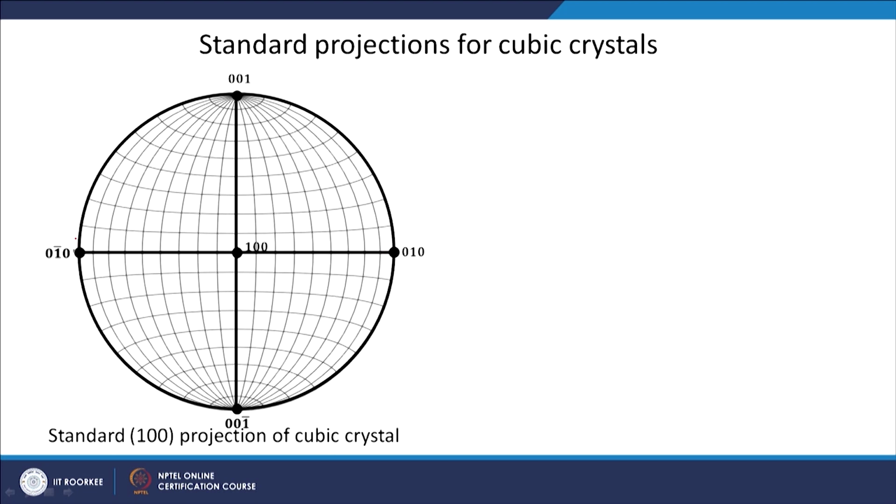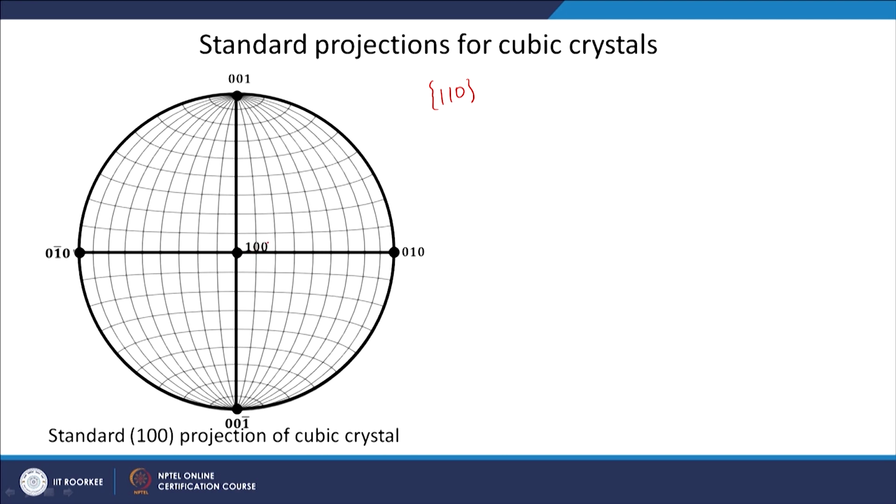Now, I want to find out the other type of planes, which are basically 110 type. 110 planes have a 45 degree relationship with 100 planes or 90 degree relationship. If I want to find any pole on the trace of this, you can understand that this particular periphery of the stereographic projection is the trace of the 100 plane.